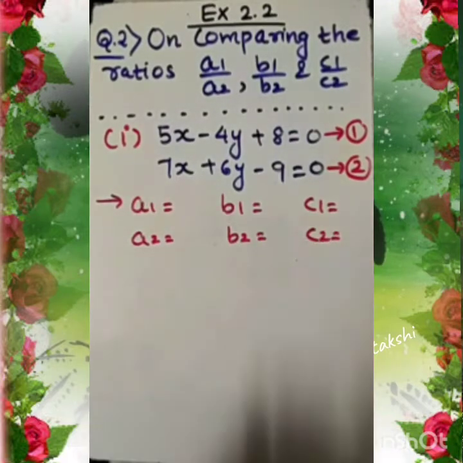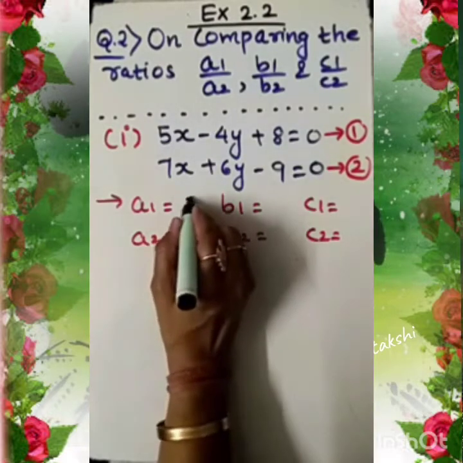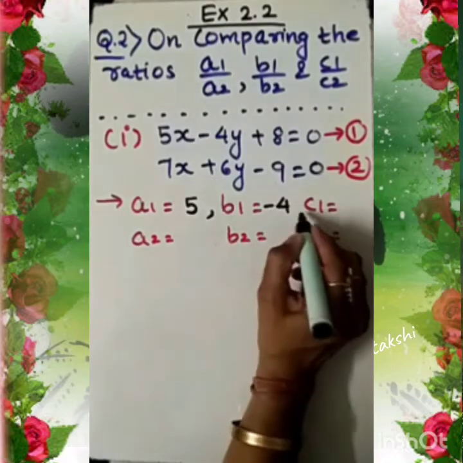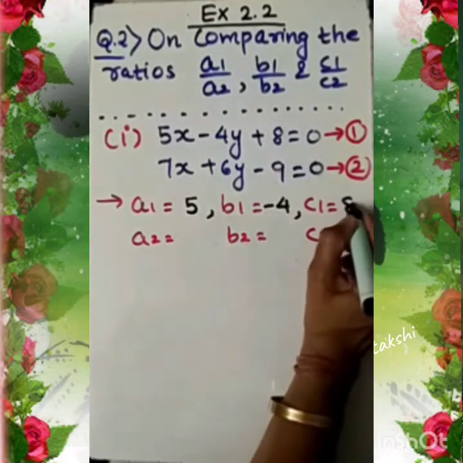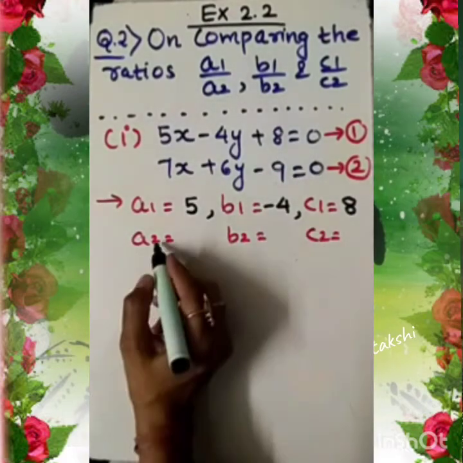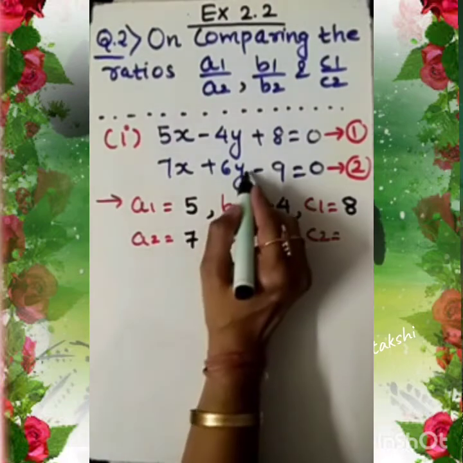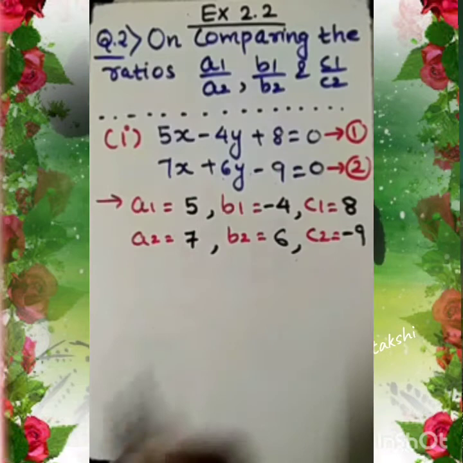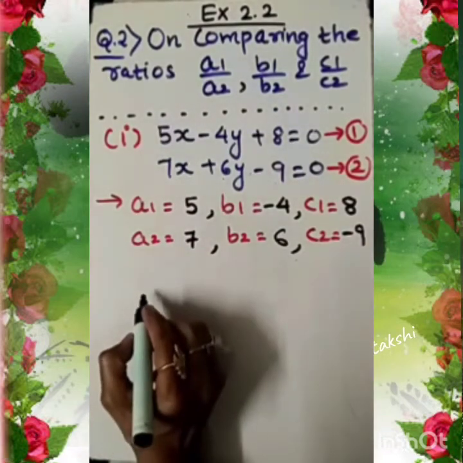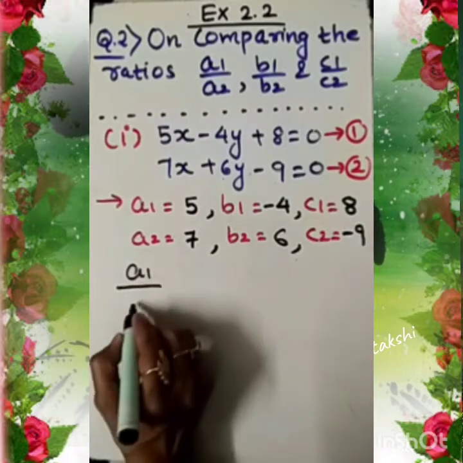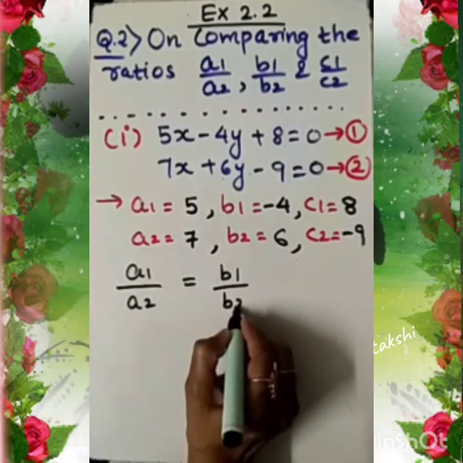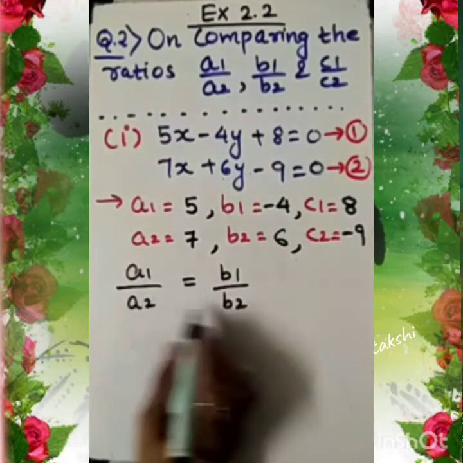What is a1? That is 5. What is b1? Minus 4. What is c1? That is 8. What is a2? 7. b2? 6. c2, minus 9. The first condition, if you remember nicely, is a1 by a2, b1 by b2, c1 by c2. But let's check for these two first.